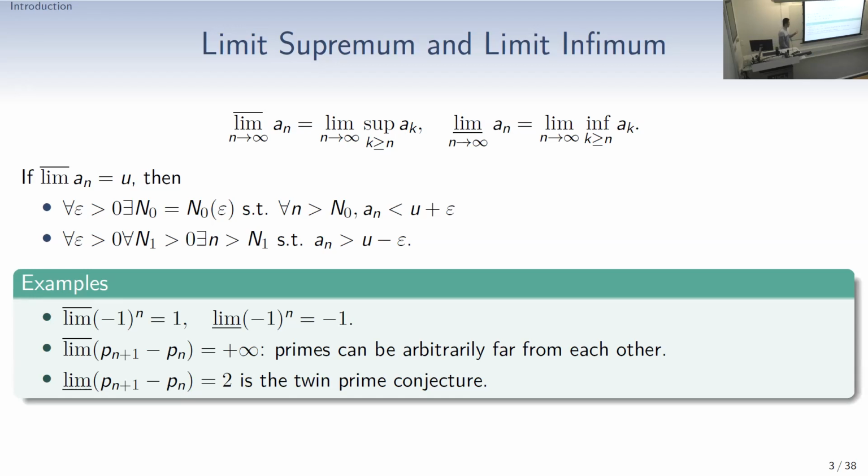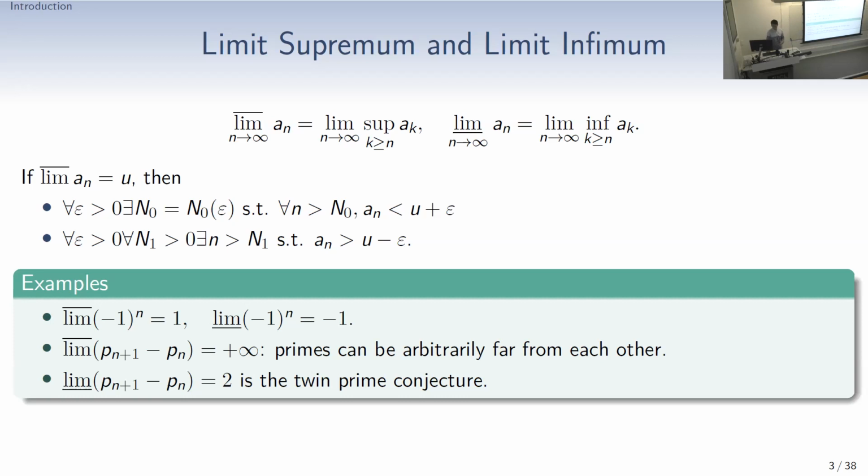If we can make this inequality an equality for infinitely many n, then we will be able to show that there are infinitely many consecutive primes that are exactly 2 units apart, which is equivalent to the twin prime conjecture. And for the second one, it indicates that we can make prime gaps arbitrarily large. That's why the limit supremum of this sequence is positive infinity.